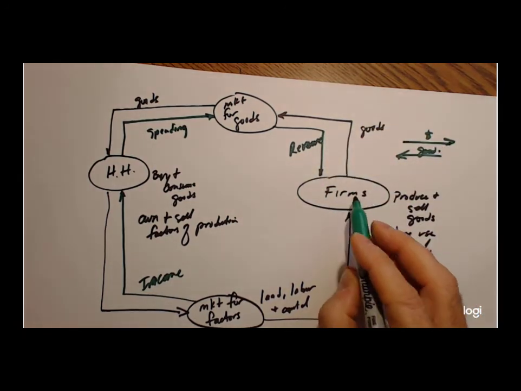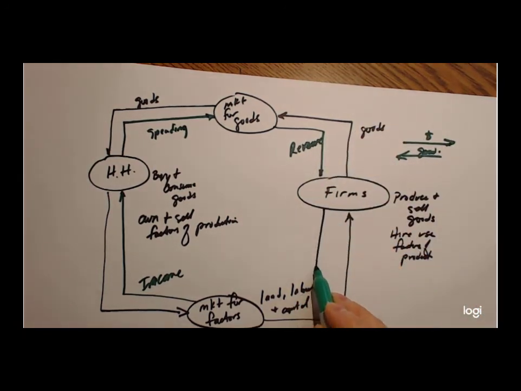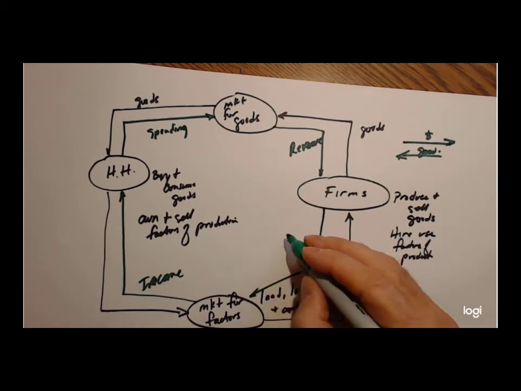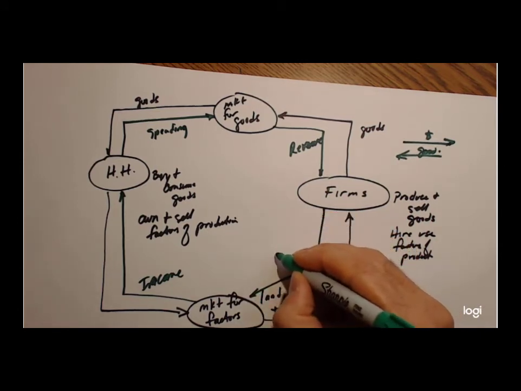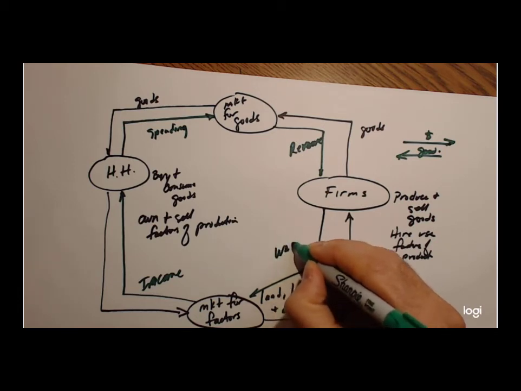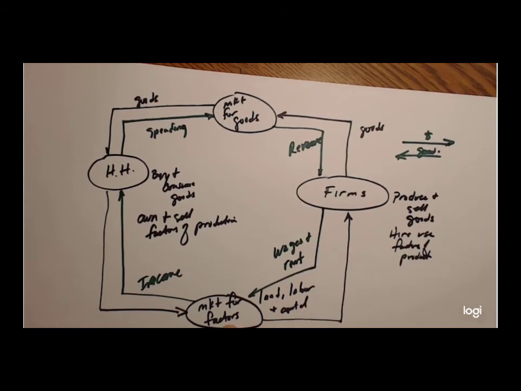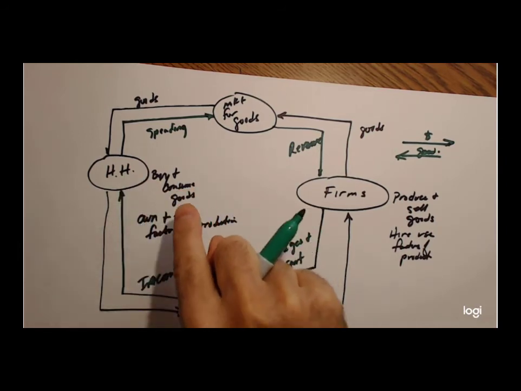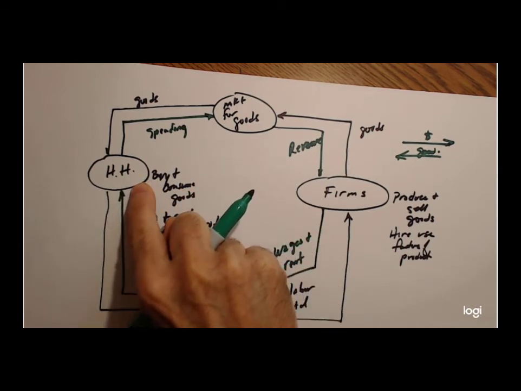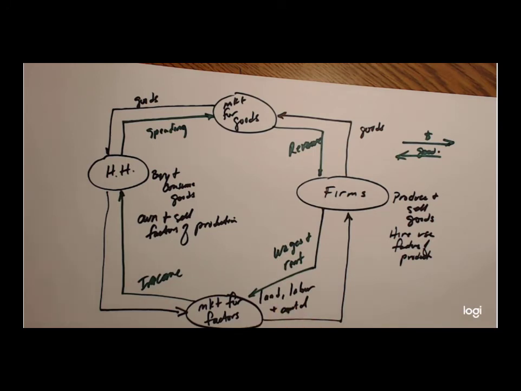And then some of that revenue is used to buy the factors. So we have factors, we have wages and rent that are paid to essentially go to households, because, you know, it's pretty obvious, I think, that there's labor in a household, but they also own the factors of production, meaning land and capital, and so the rent ends up going as income to a household.